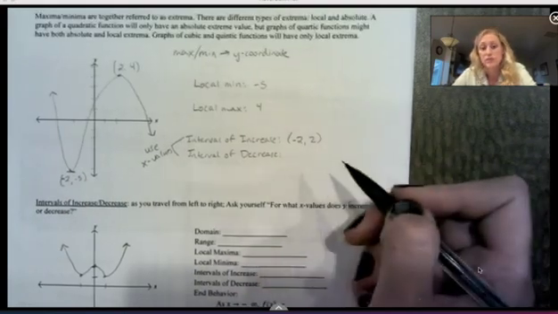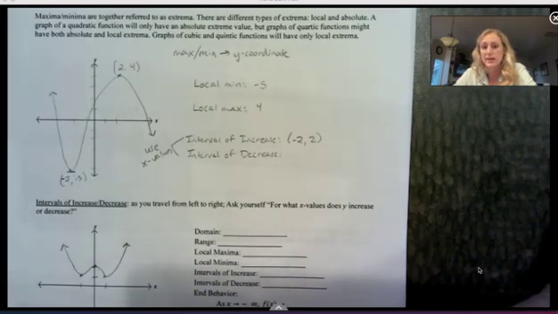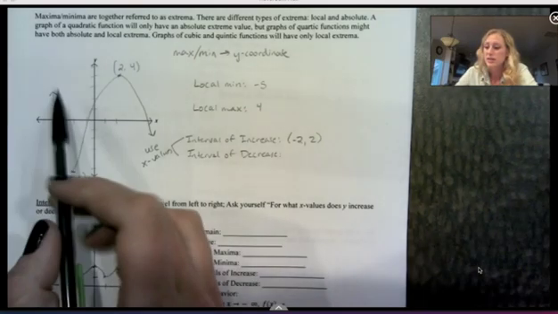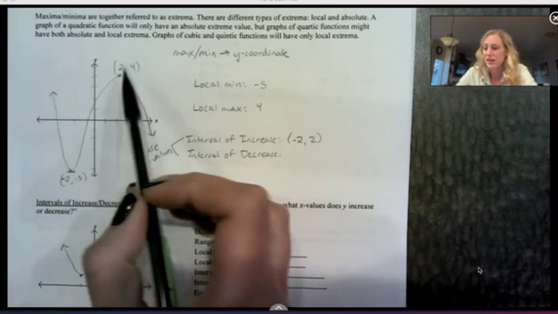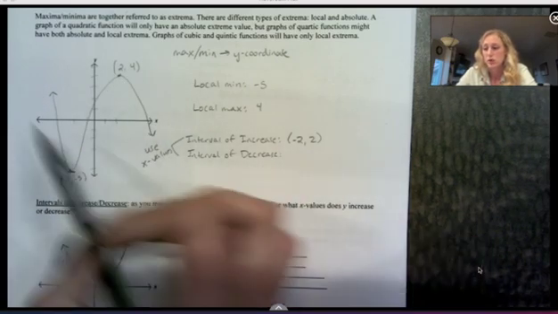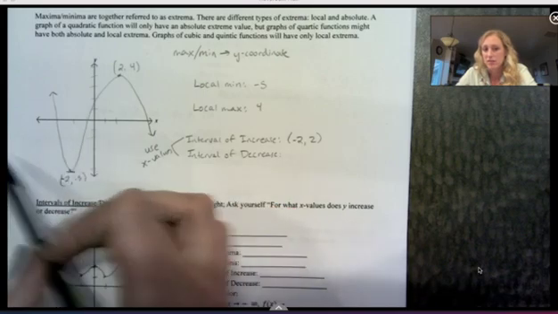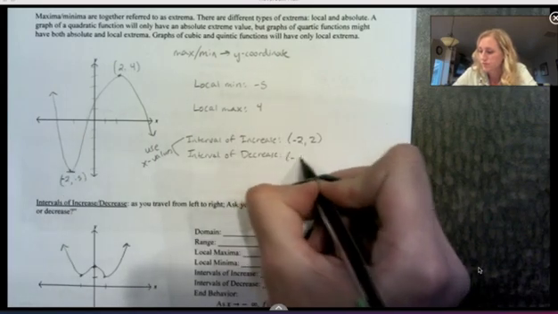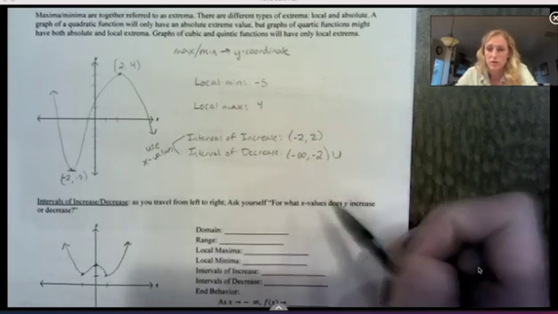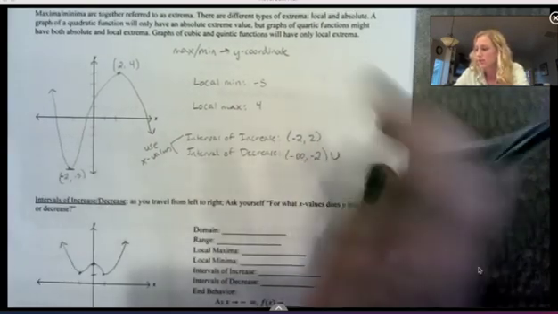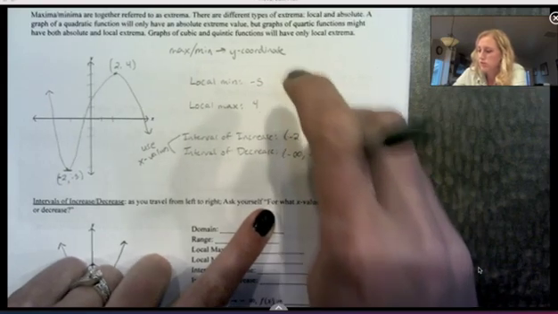Intervals of decrease, we do the same thing. It's still x values only, but it is decreasing from up until -2, and then again from 2 on. So leading up to -2, that's -infinity to -2. And then we're going to use our union symbol, or you could use a comma, but I'm just going to do a comma, you guys.